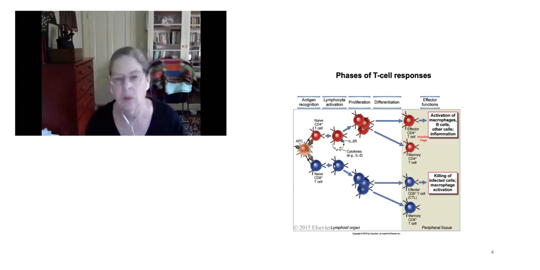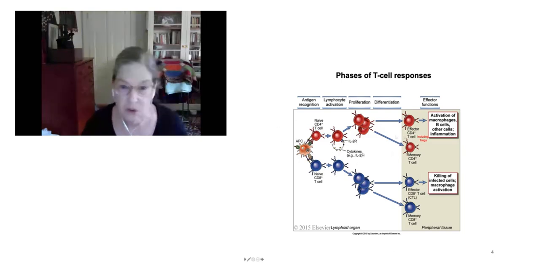And that's why when you get boosted, these memory cells can go back and go through this whole thing again and expand even further. And memory cells respond much faster than naive cells do.